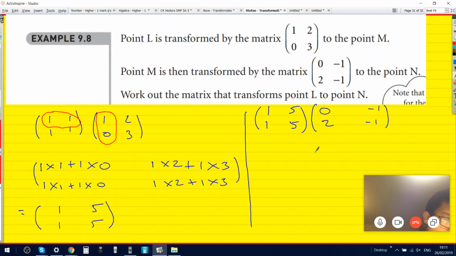Okay, so that means 1 times 0 plus 5 times 2. 1 times minus 1 plus 5 times minus 1. And then again on the bottom, 1 times 0 plus 5 times 2, and then 1 times minus 1, and then plus 5 times minus 1.